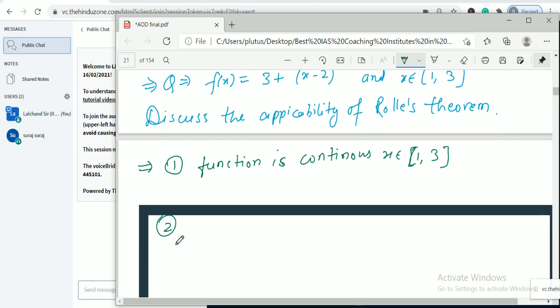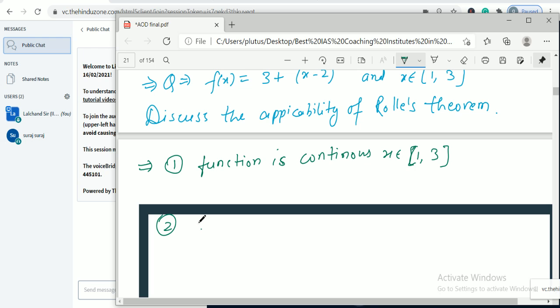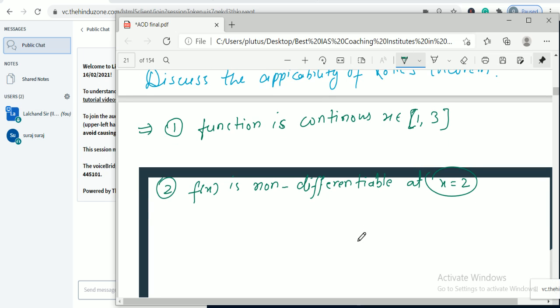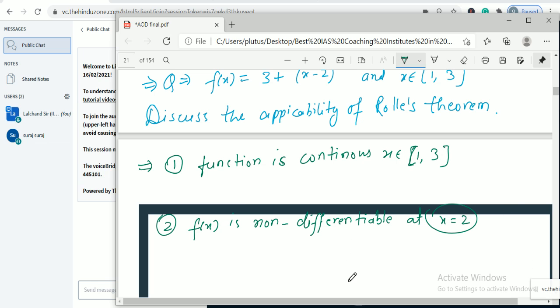So f(x) is non-differentiable at x equal to 2. But we know that to satisfy Rolle's theorem, the function should be differentiable in the open interval (a, b). So we don't need to check the third condition because the second condition is not satisfied.